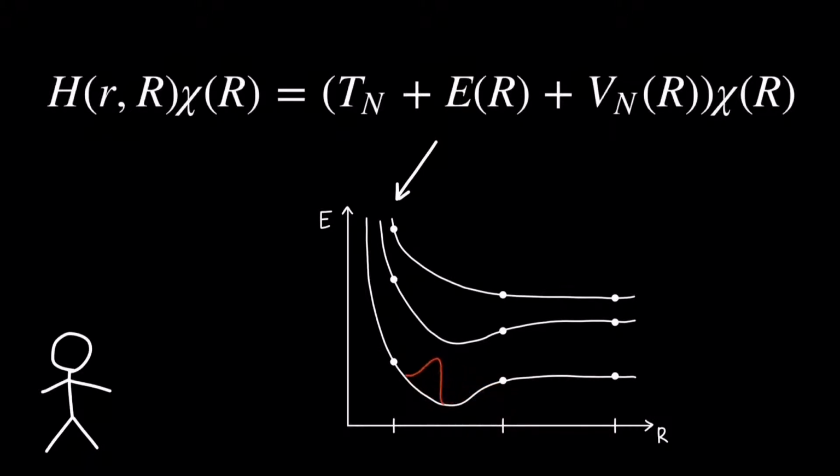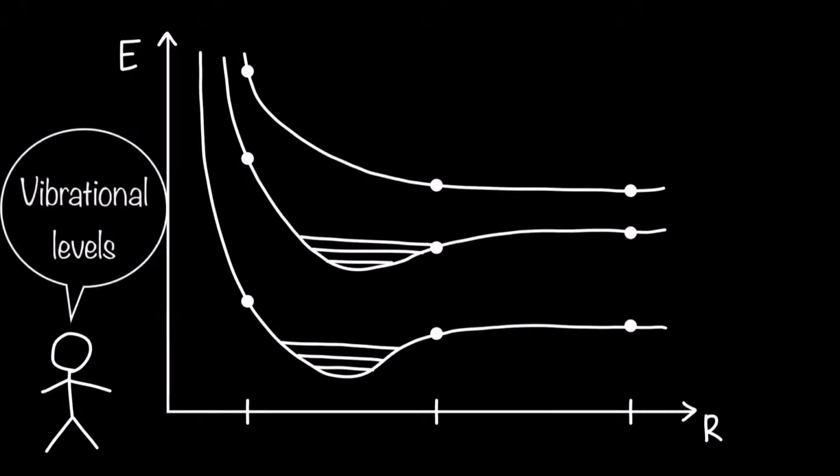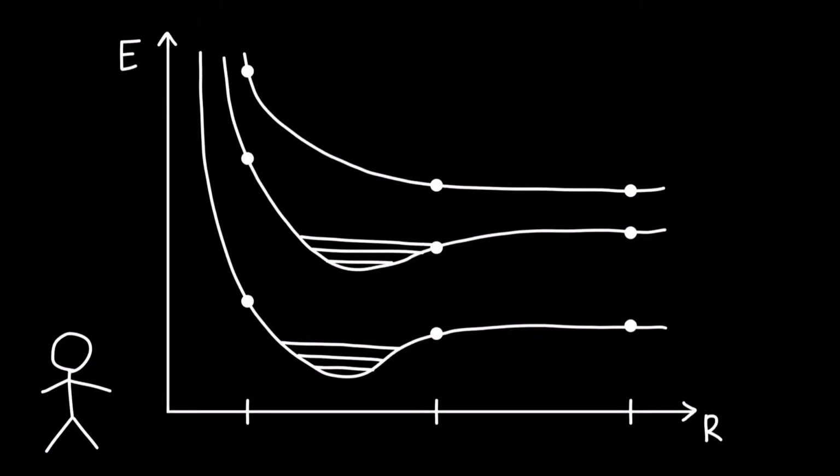In the bound case, there will be vibrational energy levels within the curve, just like the simple harmonic oscillator. So that's how we're going to approximate our molecule. But using the Born-Oppenheimer approximation means nothing exciting is going to happen unless we're the ones who cause population in one level to move to another. To make this happen, we can use light, and for a theoretical description of this, we turn to perturbation theory.